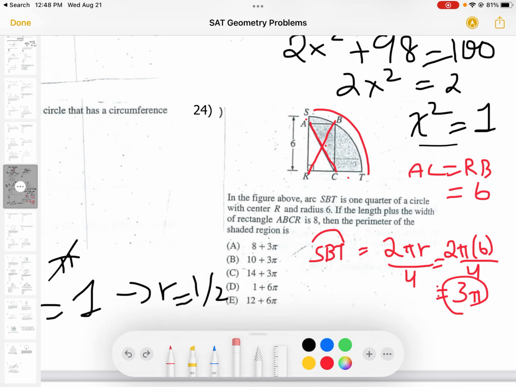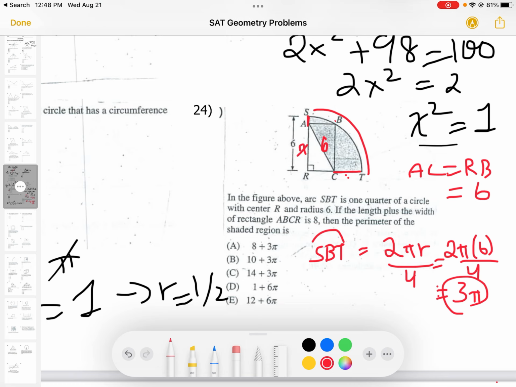So we know, let me erase this really quick. So we know this part, AC is equal to 6, right? And now we just have to find the sum of this segment plus this segment, right?